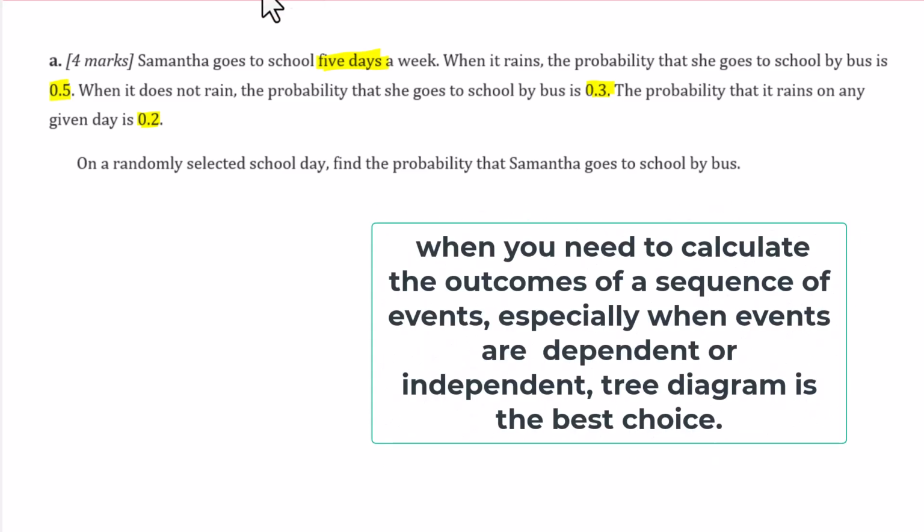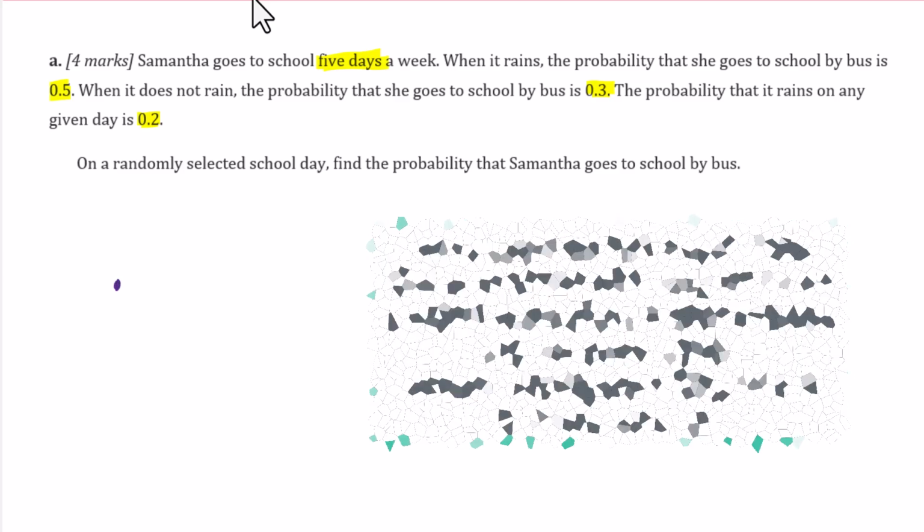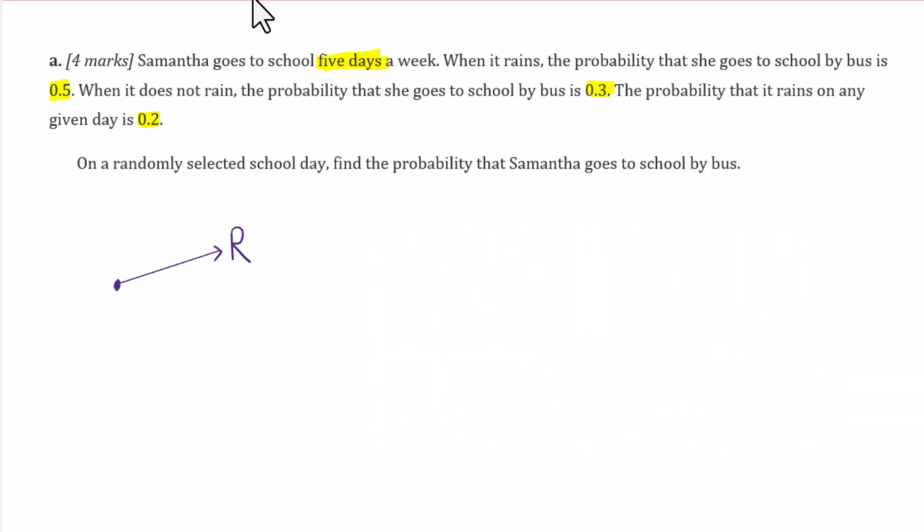Since we are calculating the probability of a sequence of events, the tree diagram is the best choice. Rain and not rain for any given day.